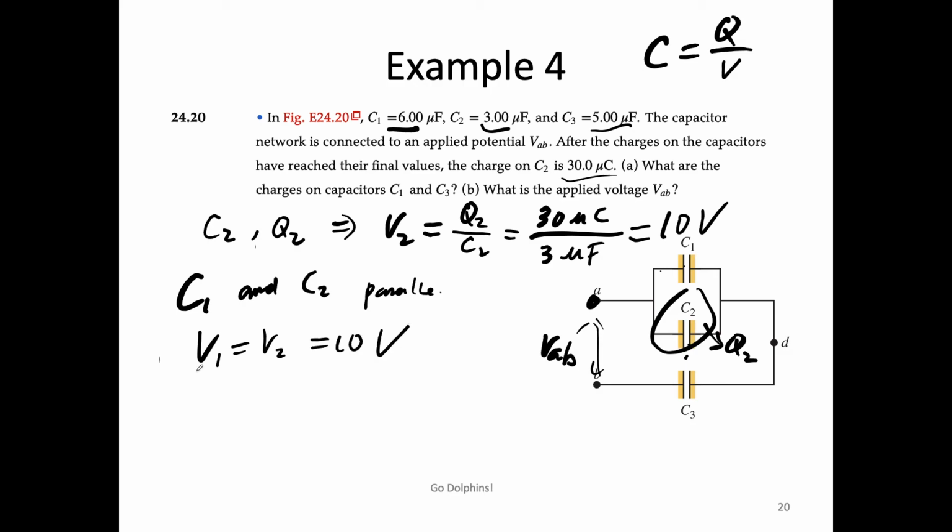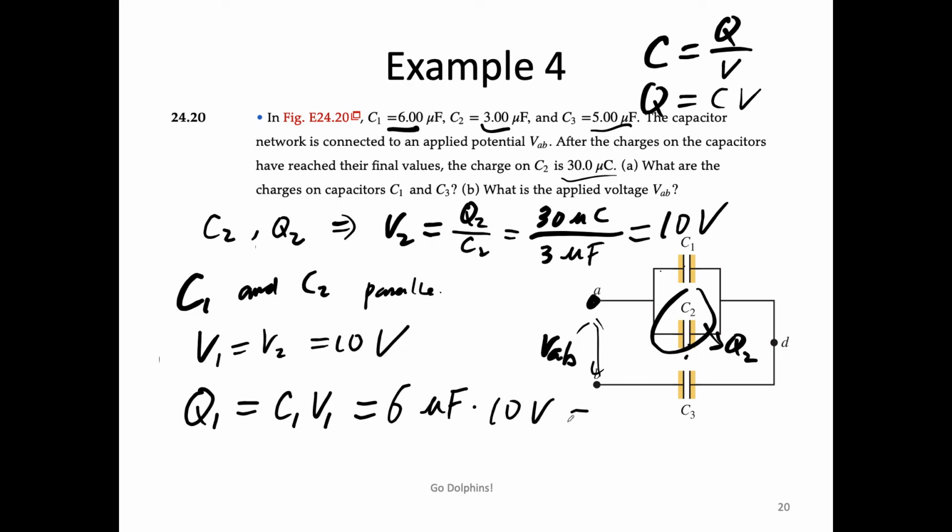Now I know V1 and I know C1, and I want to find the charge Q. Q equals CV, so Q1 equals C1 V1. C1 is 6 microfarad, V1 is 10 volt. So Q1 is 60 microcoulomb.